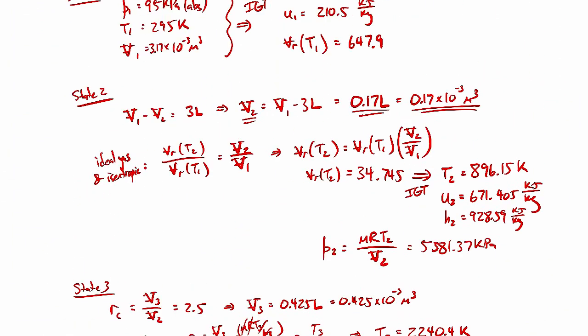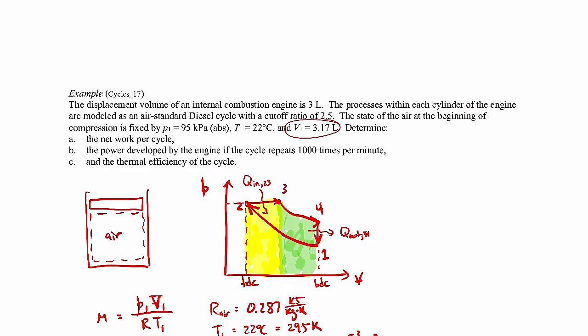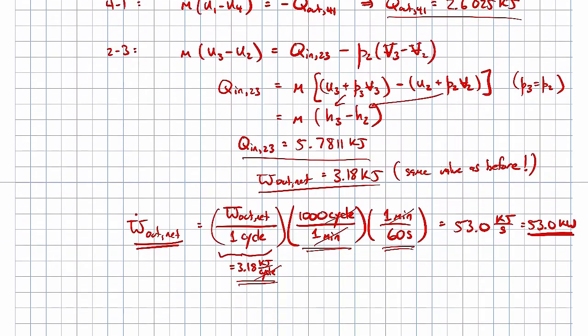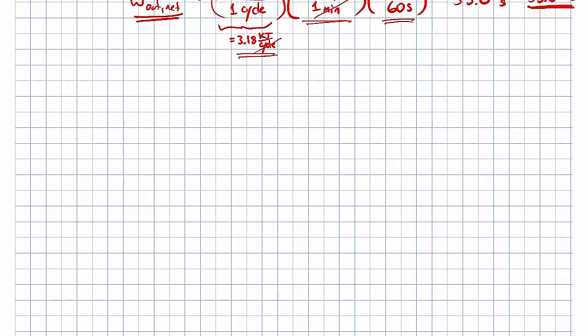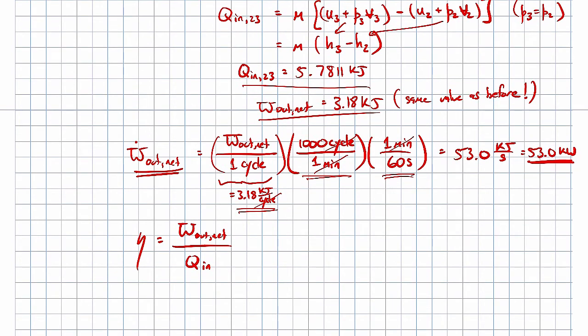All right, so that's part B of the problem. I'll go back up to the problem statement. So we've just done part B, and now part C is to find the thermal efficiency of the cycle. This one's pretty straightforward. Hopefully there are no surprises here for you. The thermal efficiency will be the net work out divided by the heat coming in. Not the net heat in, but just the heat in.